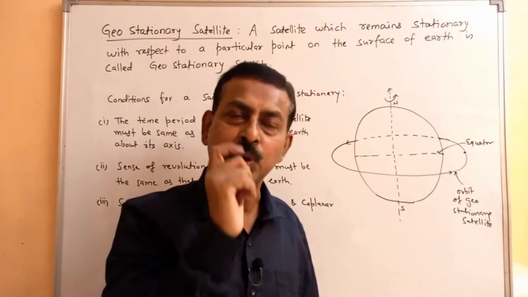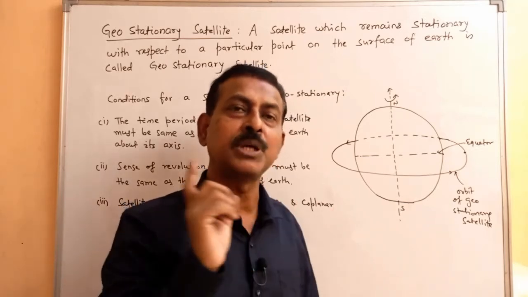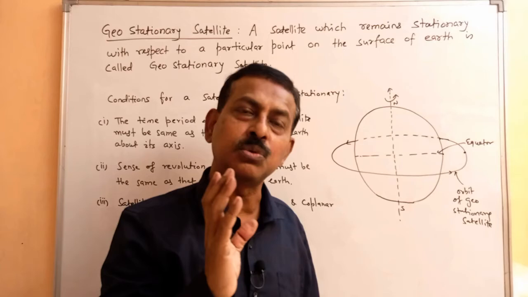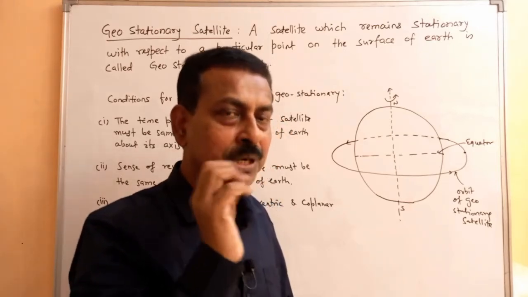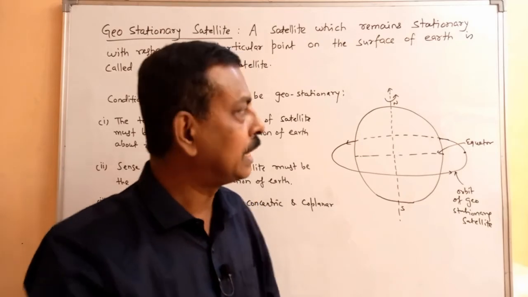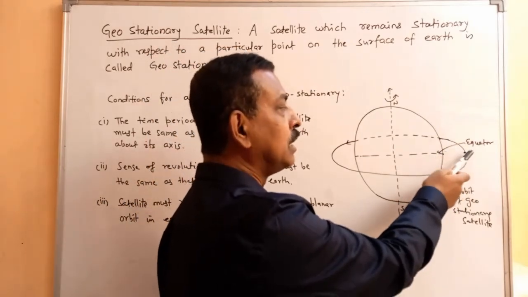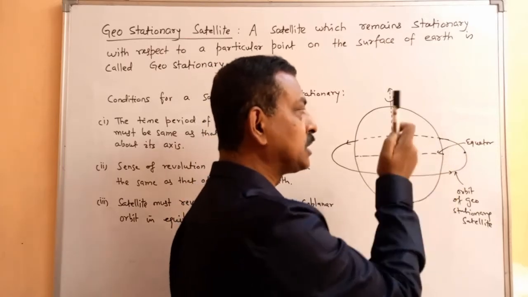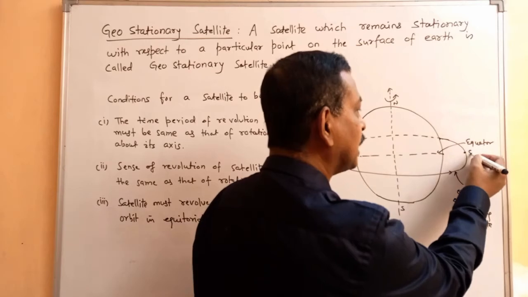So in the same 24 hours, the satellite also must complete its revolution around the Earth. Then only it will always be overhead a particular point. Suppose this particular point is there, above which we have the satellite. This is the satellite.